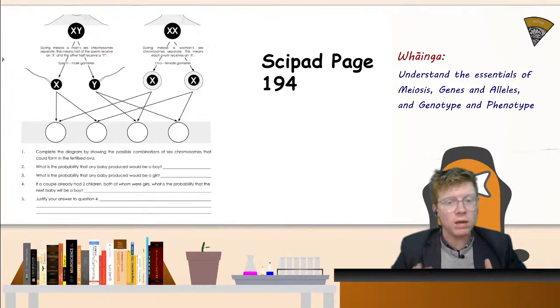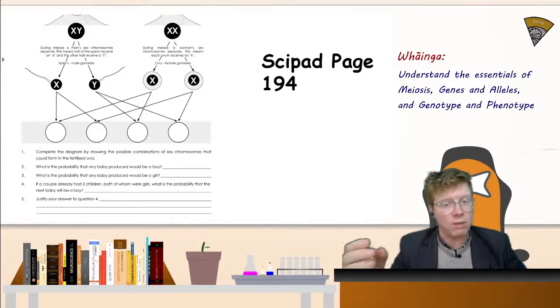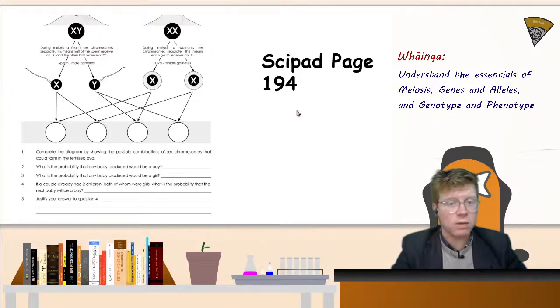Now, when those gametes meet, for example, if you have a sperm that is X and it meets an ova or an egg that is also X, the resulting zygote will have 2 X chromosomes. If, however, you have a Y chromosome sperm meet with one of the ovas, both of which are X, then that creates the offspring XY.